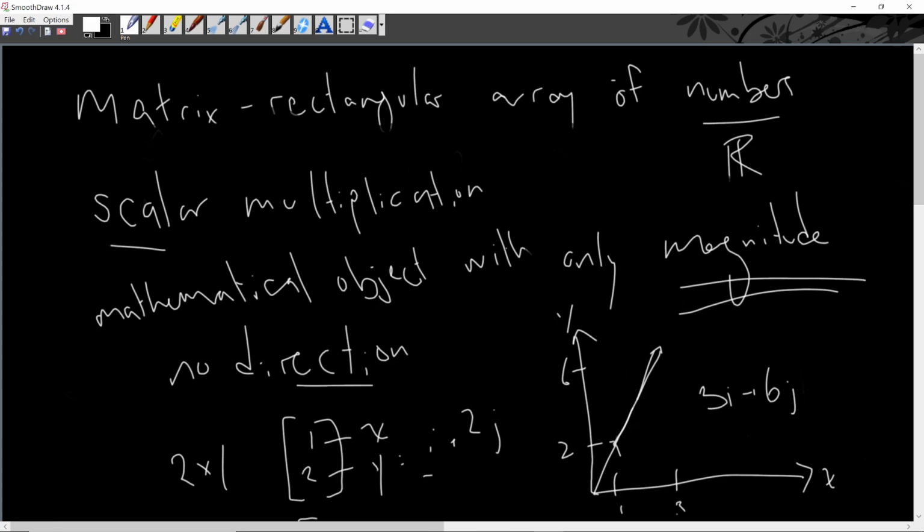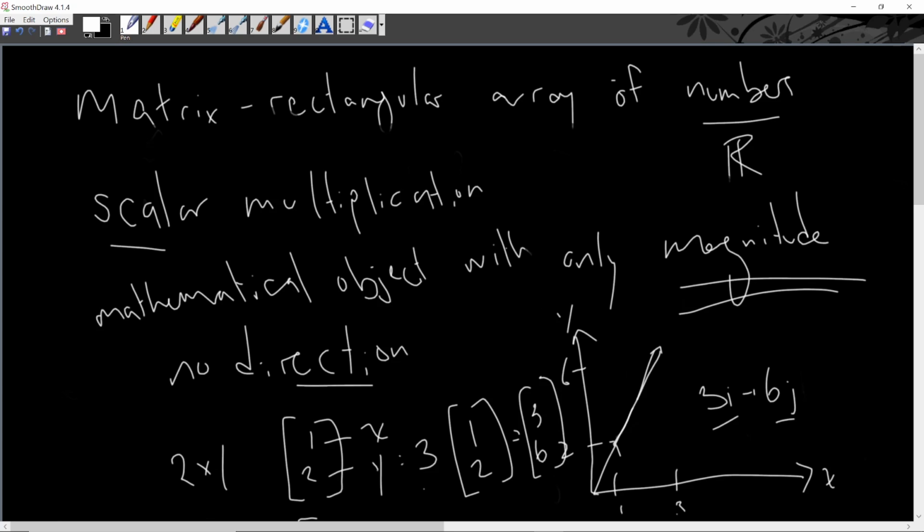We had to do 1 times 3 to get 3i, and 2 times 3 to get 6j. If we go back to our matrix way of representing that, we have 3 times 1, 2 is equal to 3, 6.